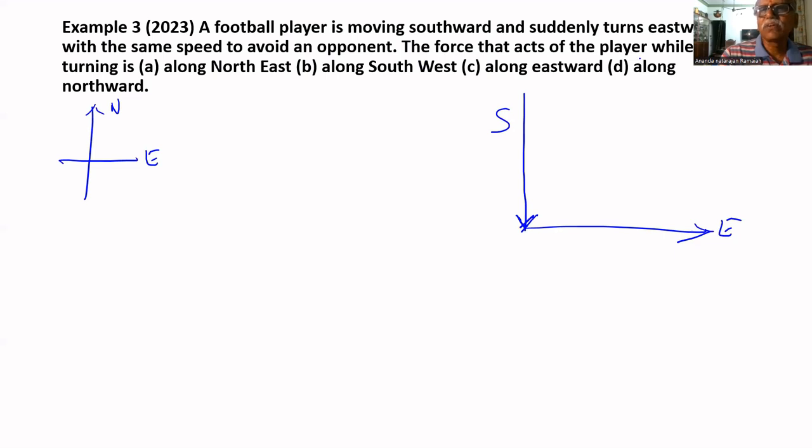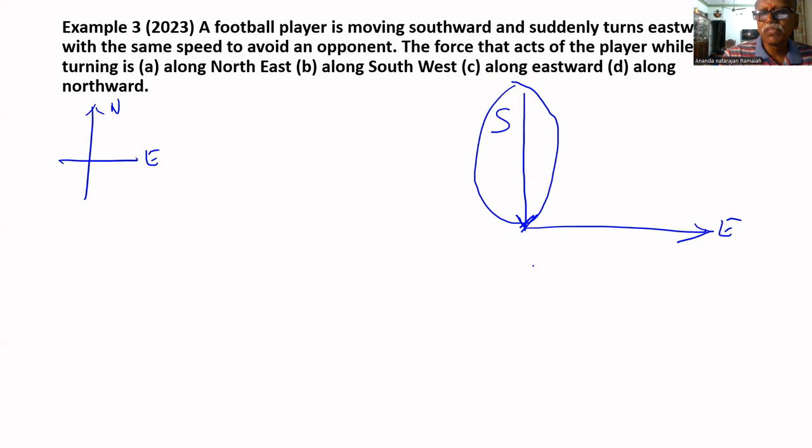What force is required to turn him towards east without hitting that opponent? What are the forces acting on it? If he wants to avoid that collision, the force acting towards south must become zero.